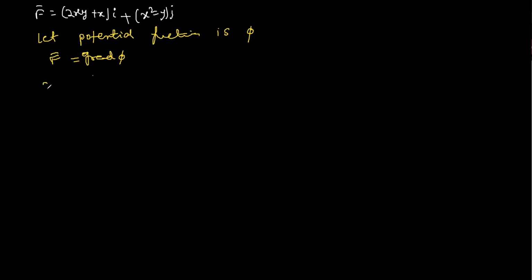So what is vector f? (2xy plus x) i, (x square minus y) j. Grad phi means what? Always write in this form, right?